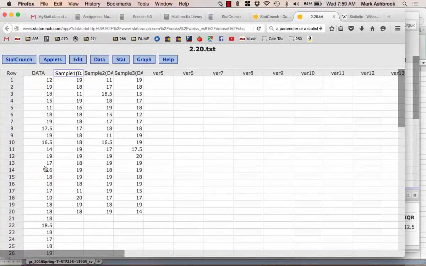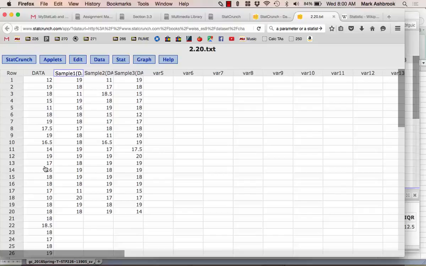Then I took 3 random samples from the data of size 20. I went through the data, found 20 random values, and did it again and again. So we want to look at the population standard deviation versus the sample standard deviation, and see what's happening with that adjustment, right?